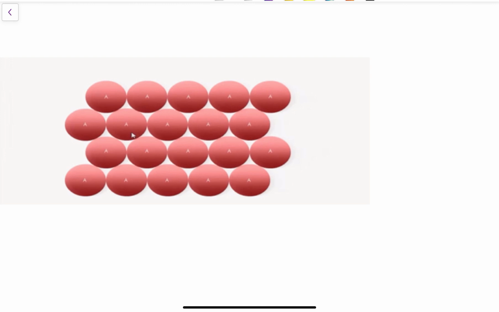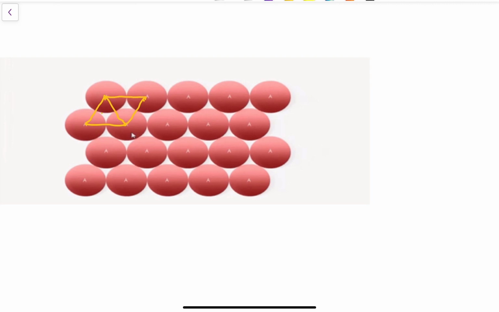But how do you place the atoms? So where will the next layer of atoms go? If you look carefully, I will draw a triangle here, and here also I will draw a triangle.